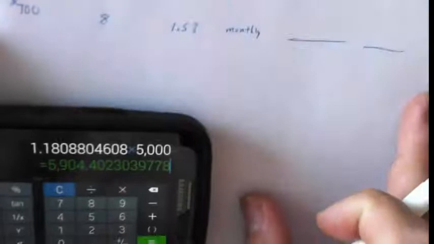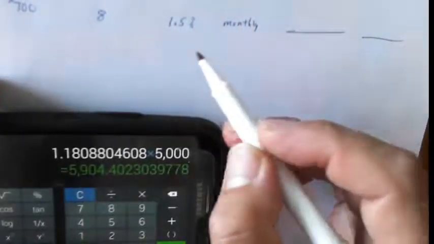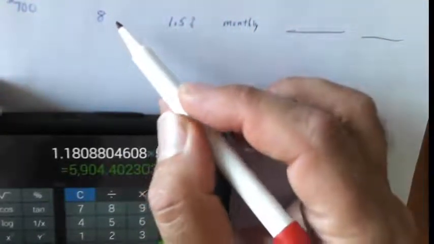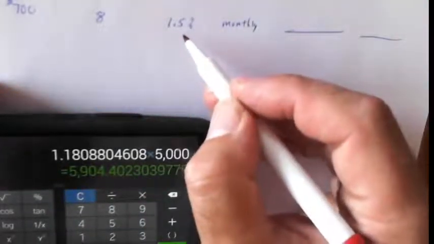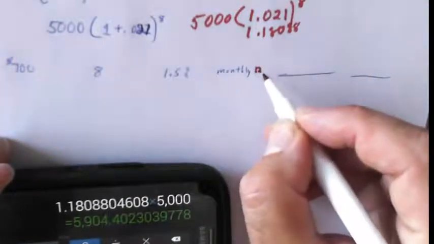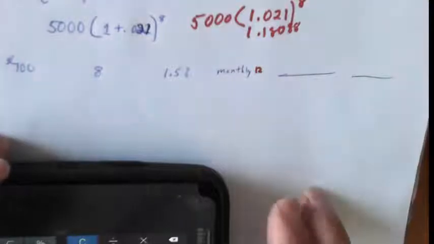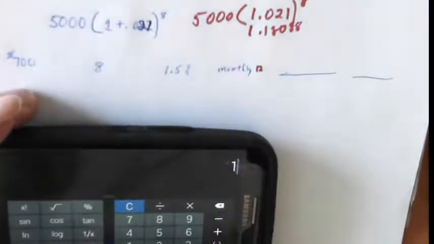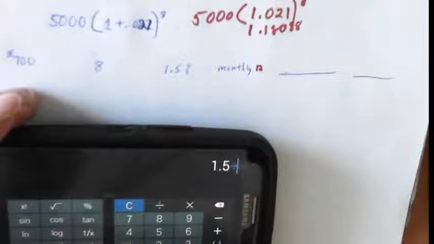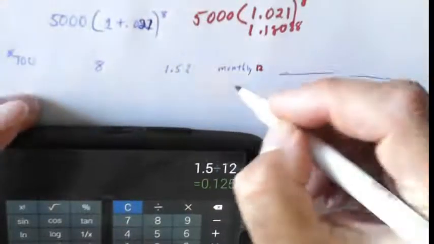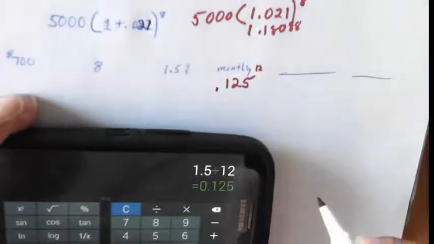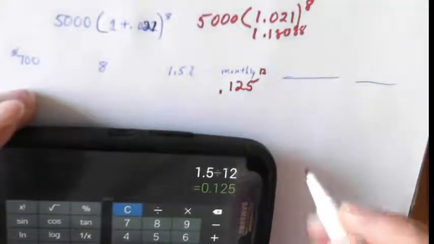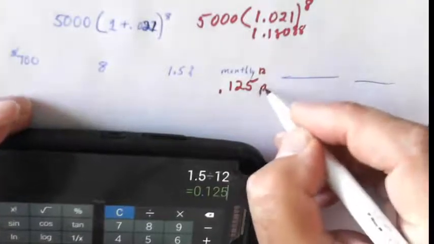So we have 8 time periods. We get 1.5% a month, and it's monthly, so that means there are 12. So that means that we are going to take 1.5 and divide by 12, which is going to be 0.125 each period. Okay, so this is going to be per period.